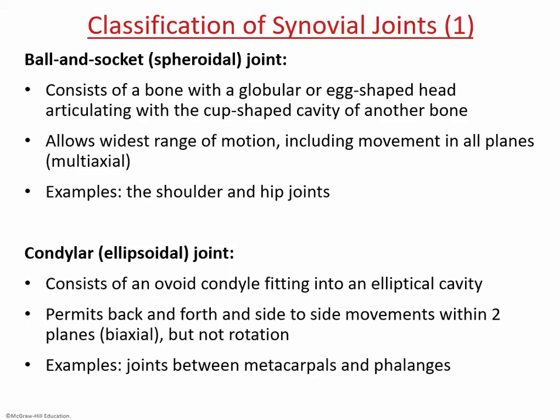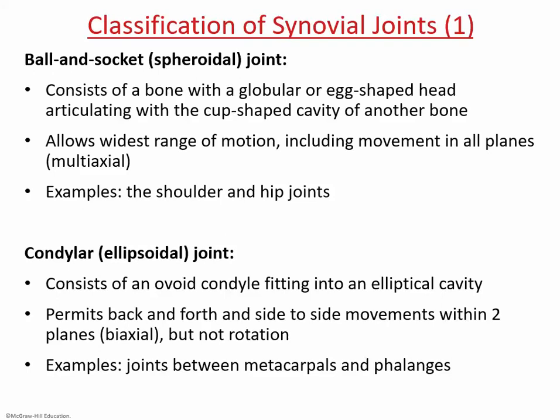Okay, there's a number of different types of synovial joints because the different shapes allow for different movements. The most common, or the easiest to understand, it's not common, we only have it in a few places in the body, is the ball and socket joint. And literally, it is a head on the bone that is spherical, globe-shaped, and it articulates into a cup of another bone.